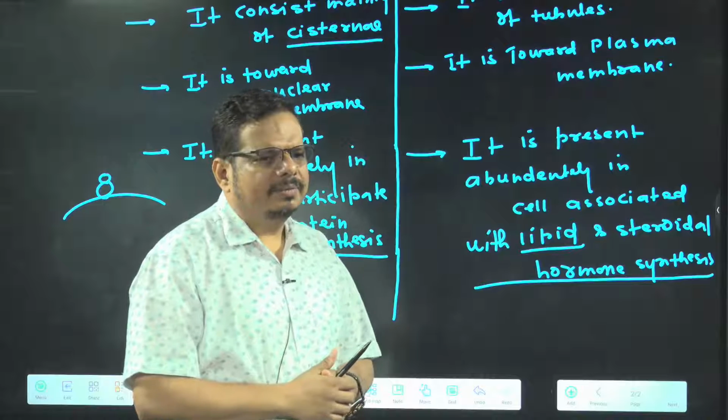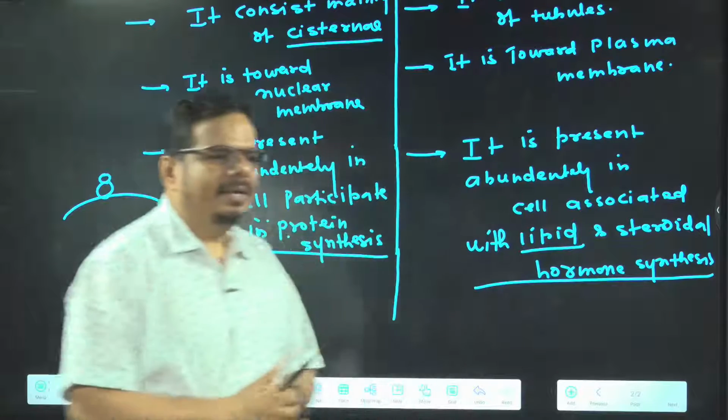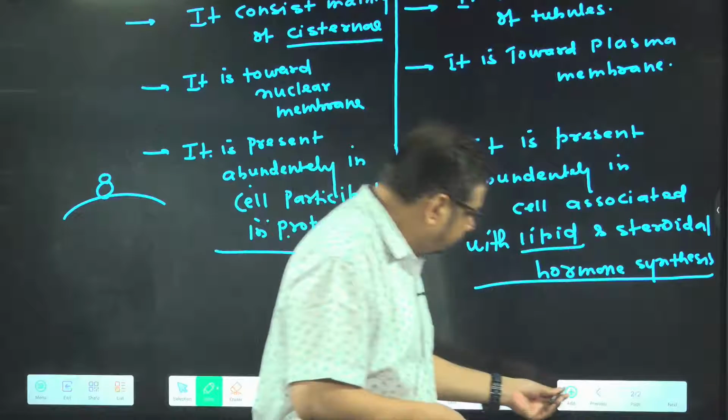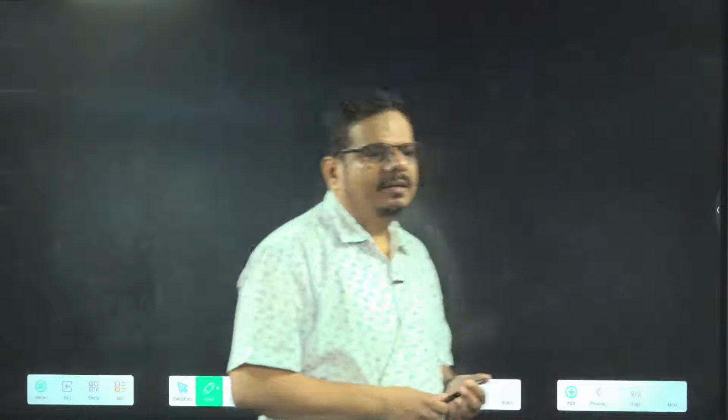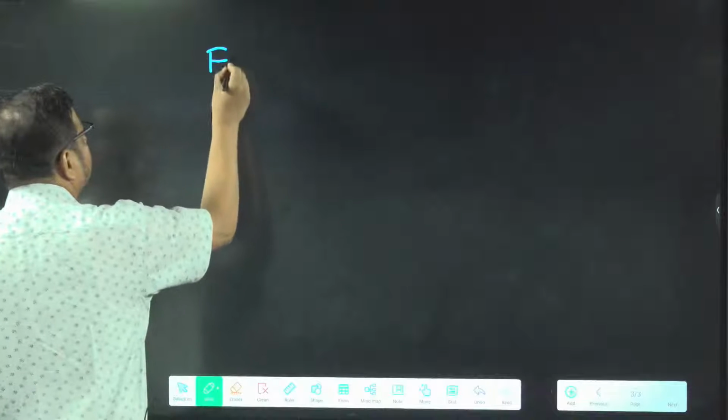You got the difference between RER and SER. It's over, done. Now I am telling about the function of endoplasmic reticulum. Structure we have seen, component we have seen, type we have seen already. Now we are going to come on to the function of ER.